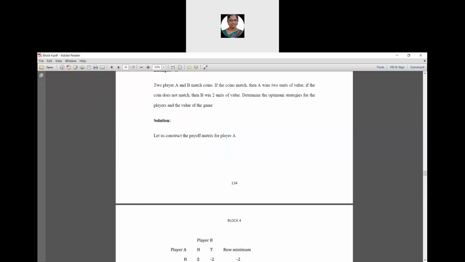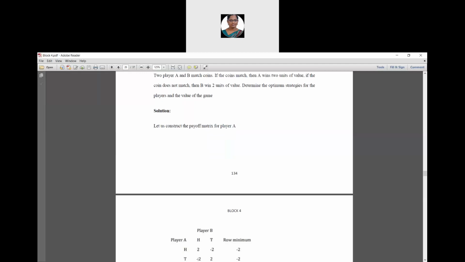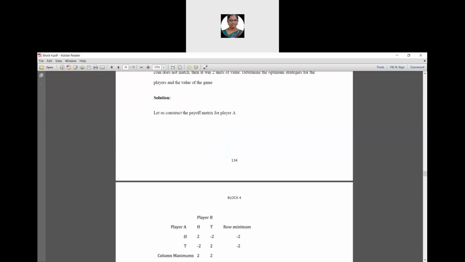If the coins do not match, one coin gives head and the other gives tails, we give -2, or B wins 2 units. So head-head means 2, head-tail means -2 units, and here also head-tail means -2 units, tail-tail means 2 units.